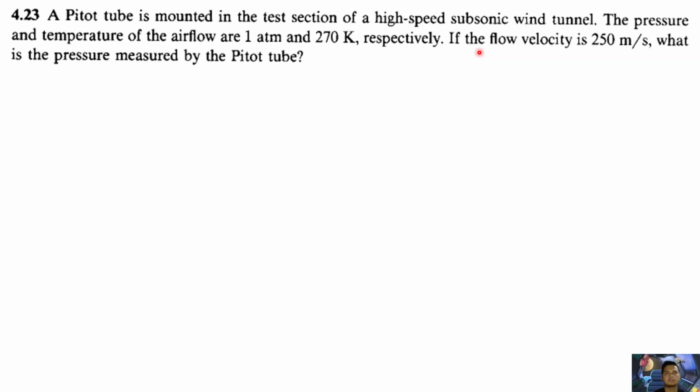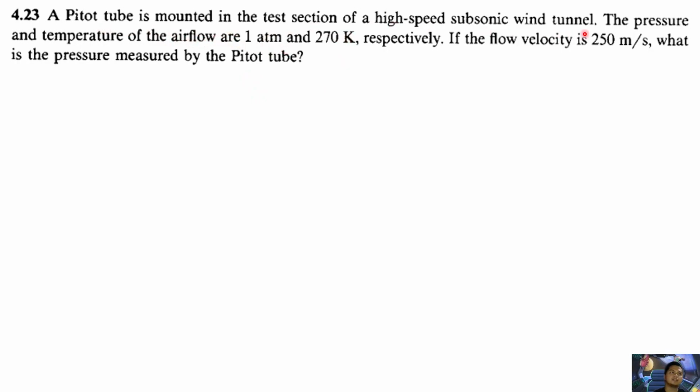If the flow velocity is 250 meter per second, what is the pressure measured by the Pitot tube? So again, the pressure measured by the Pitot tube, that is the total pressure. So, you can pause first and think about how to solve it. Okay? So, how do we solve this?